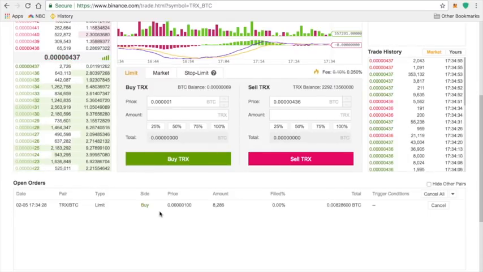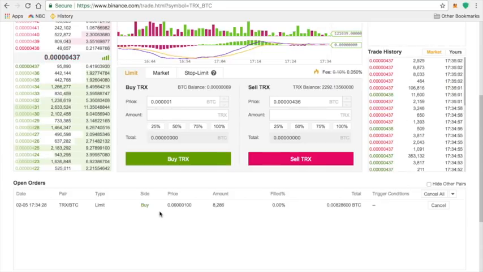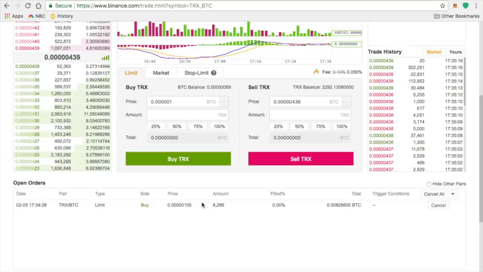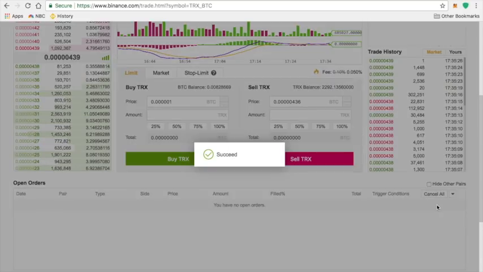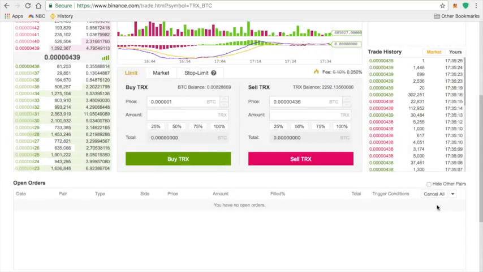That can stay there forever or never hit, because the price might never get there. You can't buy it until it goes down to it. Someone has to want to fill that order and say, all right, I'll take that order and I'll sell that for 1 cent. If Tron gets down to 1 cent, then you're getting a heck of a deal. If you hit limit by accident, well, you can always cancel it. Or if you decide you don't want it, you can just cancel it. And now your money goes back into your Bitcoin, and it just cancels that whole thing.